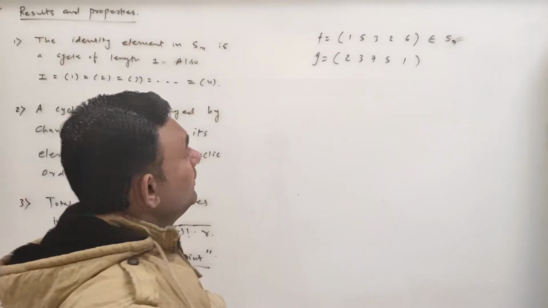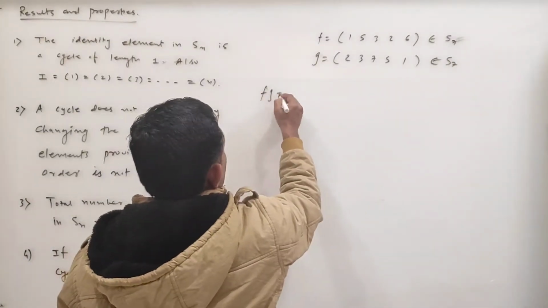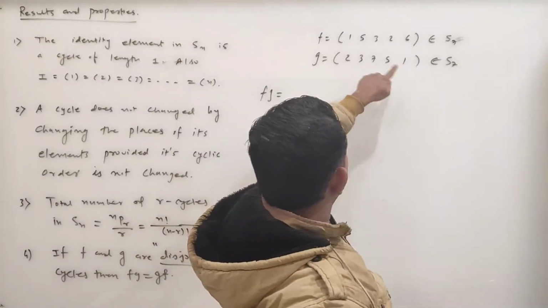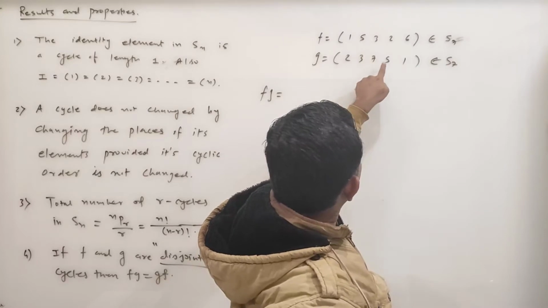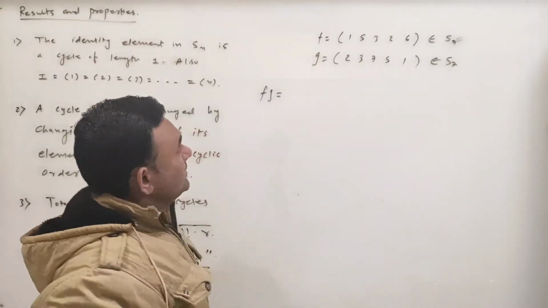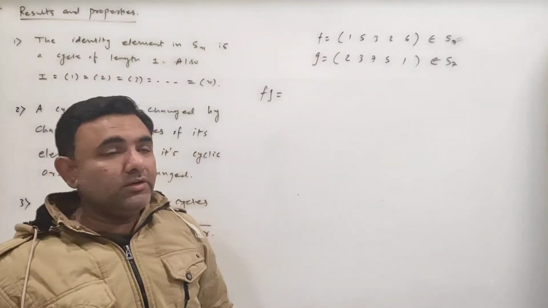Okay, right? So this is also an element of S7. Now I want to find F into G. So here you can see F and G are not disjoint because 1 is repeated, 2 3 5 and okay, 6 is not here, 7 is not here. Okay, that's fine, but these two are not disjoint.